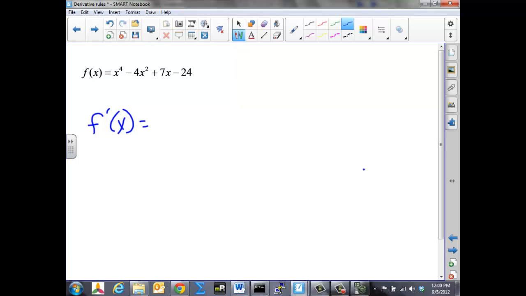So what's the derivative of x to the 4th? 4x cubed. Minus, what's the derivative of 4x squared? Negative 8x. Plus 7. What about the 24?